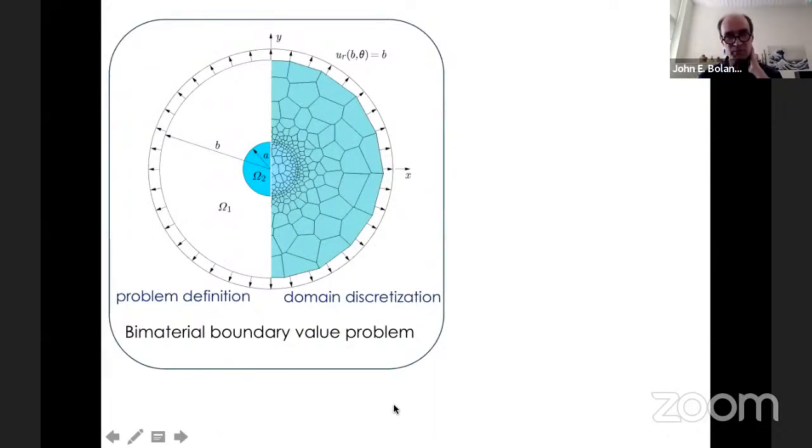Here's another sample problem. It's a bimaterial, an inclusion, and let's say the inclusion is stiff, and it's surrounded by a compliant matrix. The boundary condition is we're just subjecting this outer perimeter to a uniform radial displacement.